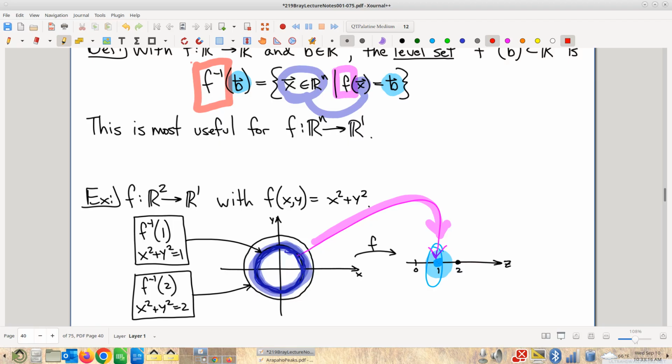What it means is, we're going to kind of turn this around and go backwards. You give me a b, and this process produces a set in the domain. The given is over here, the result is over here. So in some sense, there's a backwardness to it, even though the function's not invertible, and that does not mean the inverse function. But thus the notation.